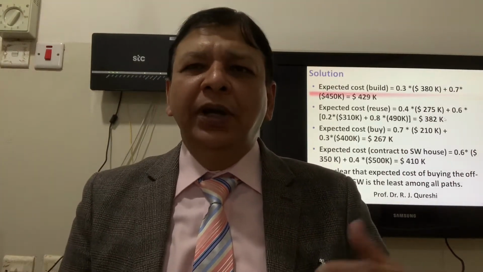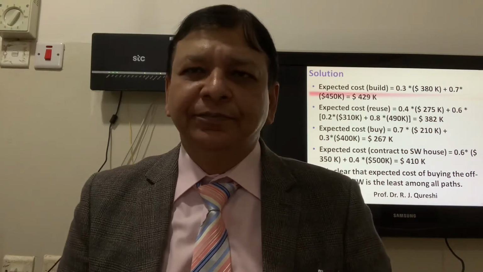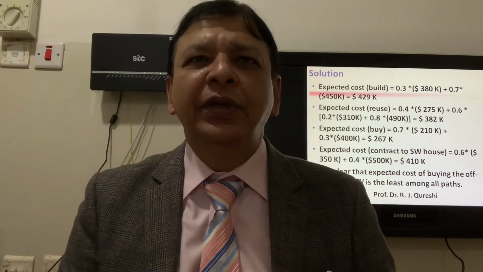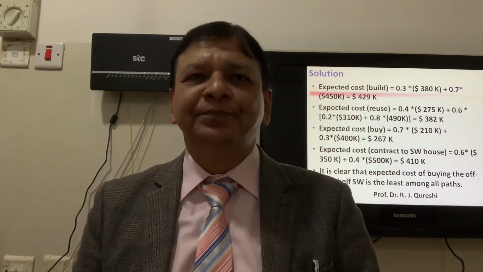Expected cost to build: 0.3 multiplied by 380K plus 0.7 multiplied by 450K equals $429K.